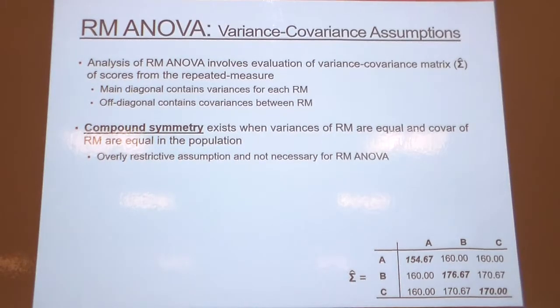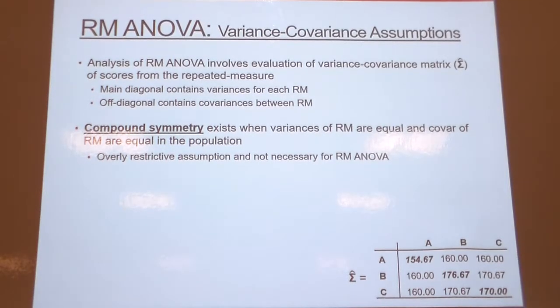So compound symmetry says that the variability of each one of our repeated measures is identical in the population, and that the correlation between individual treatments is also identical. If your variance covariance matrix met this requirement, we would say that it met criteria for compound symmetry.